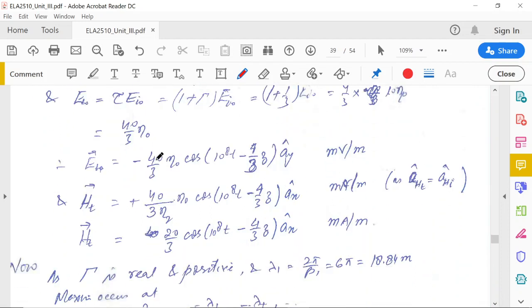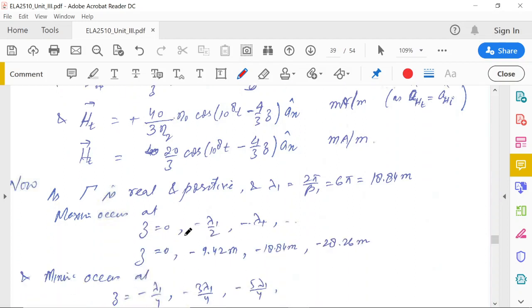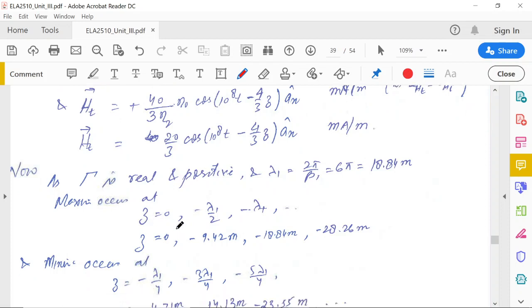So finally, these are the values of the electric and magnetic fields in medium 1 and medium 2. Now to find where the maximum occurs, gamma is real and positive, so phi is 0. So alpha 1 you find here using the expression, and the maximum will occur at z equals 0.